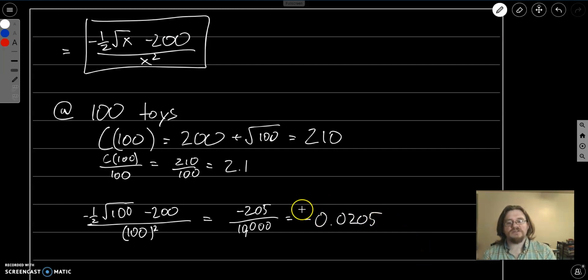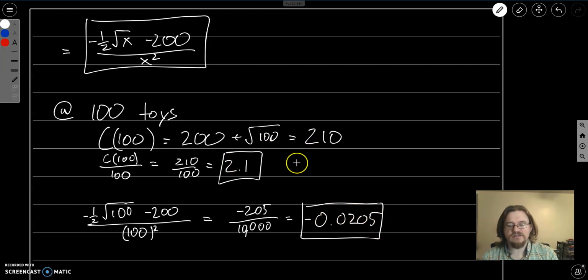So this is how much the average cost is changing. When we look at the average cost, it's going to be 2.1, let's say, dollars. But for the next toy, that average cost is going to go down by this much. We know it's going to go down because this is a negative number.